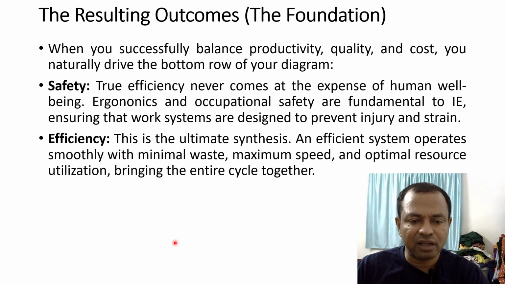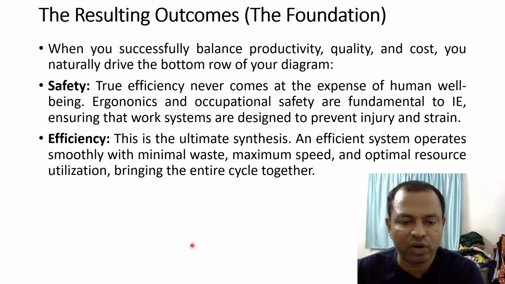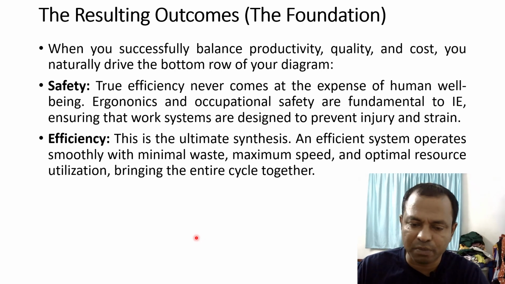Then the resulting outcomes are safety and efficiency. Safety is important. True efficiency never comes at the expense of human well-being. That is, safety of the human being should be utmost important.